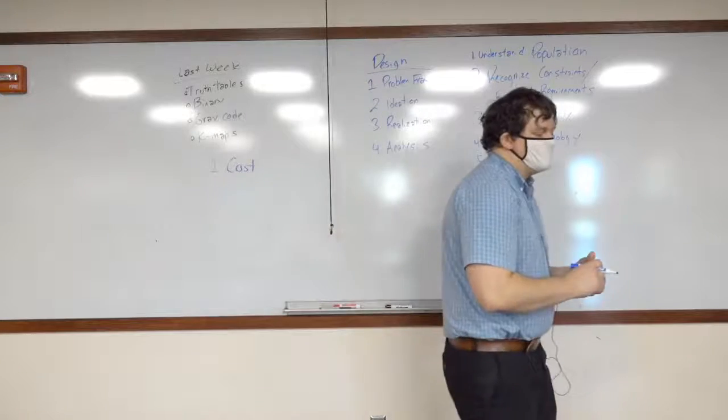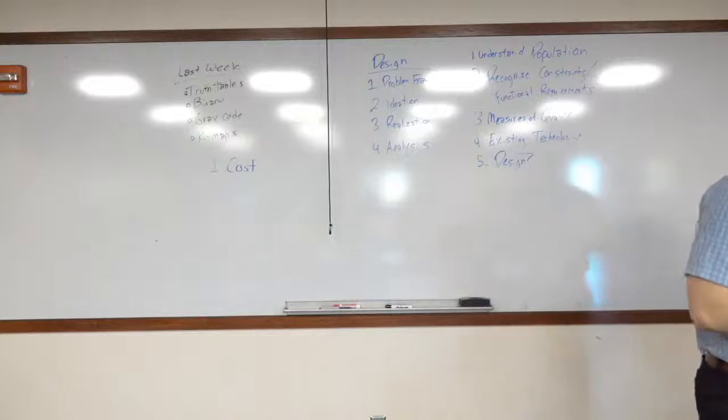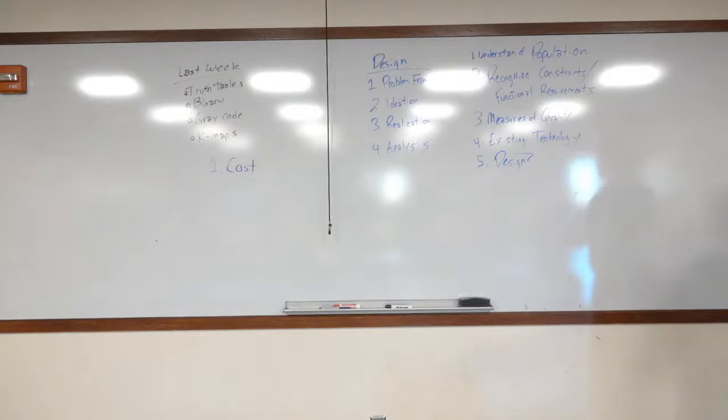Money is a factor in every design process, and it's not something that we will ever get away with because we live in a society where it involves the exchange of goods and services. Okay?